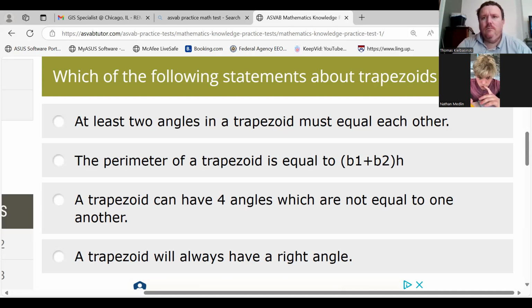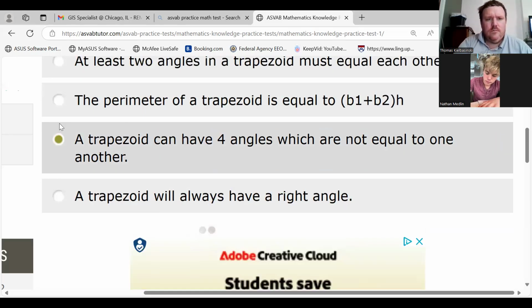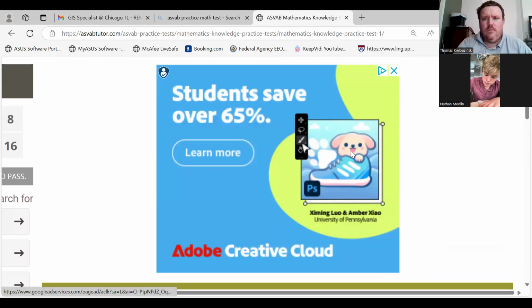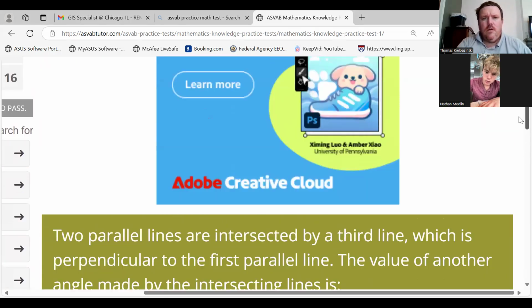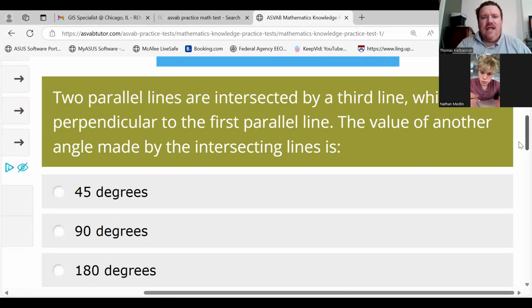That's not true. A trapezoid will always have a right angle. I'm gonna say it's A. It's probably wrong, but okay, it won't tell you till the end.